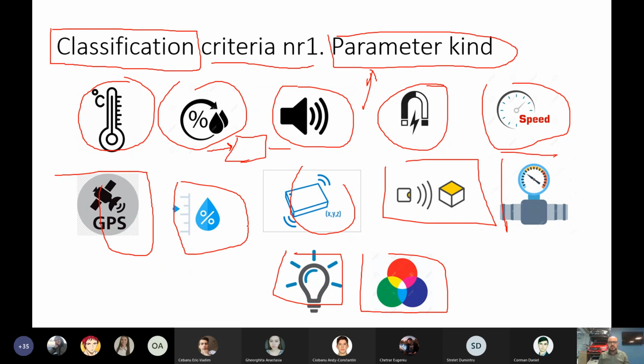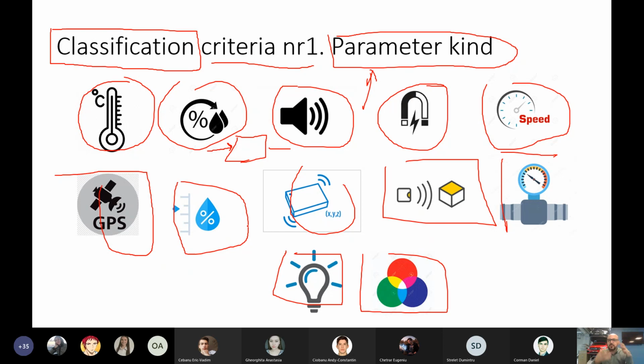We just should detect what we want to measure, and select the most appropriate sensor that is sensing exactly the parameter. By the way, we can have even the parameter kind. What kind of temperature? We can have low temperatures and high temperatures. Some sensors are good for low or room temperature.